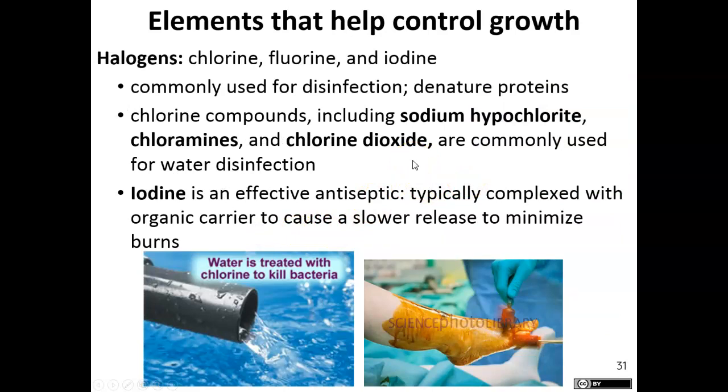The next chemicals for controlling microbial growth are called halogens. Halogens include chlorine, fluorine, and iodine. These are used often for either disinfection or for treating water supplies. They function by denaturing proteins. We tend to use chlorine to kill pathogens found in water, and because chlorine doesn't have a horrible aftertaste, the water that we typically drink is chlorinated water.